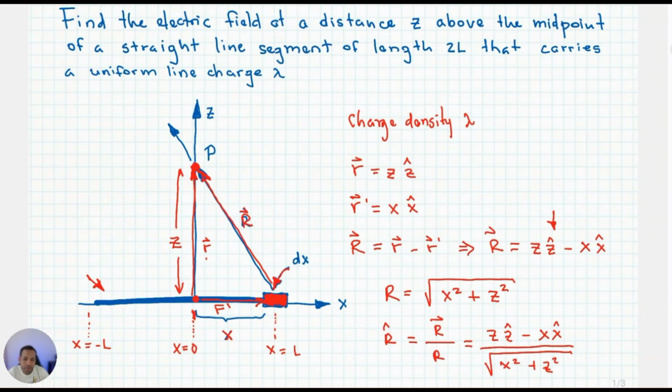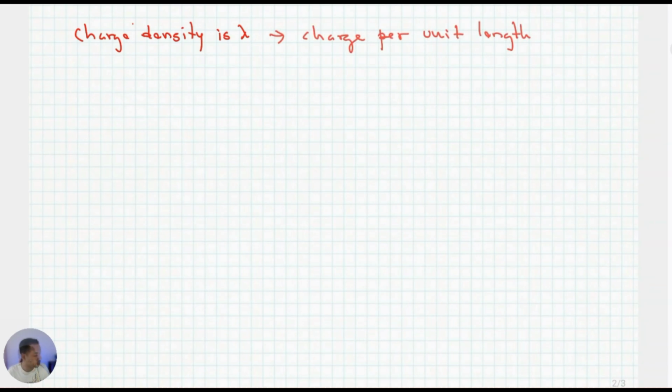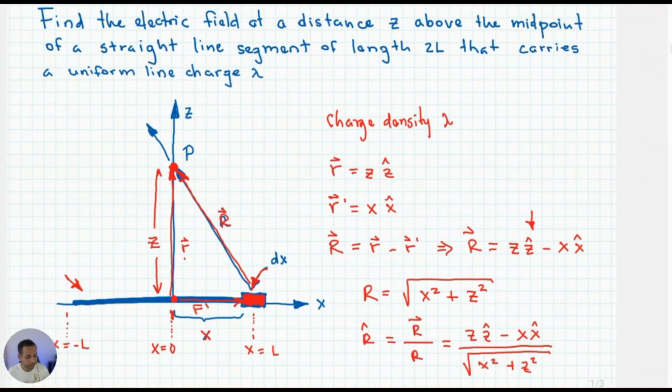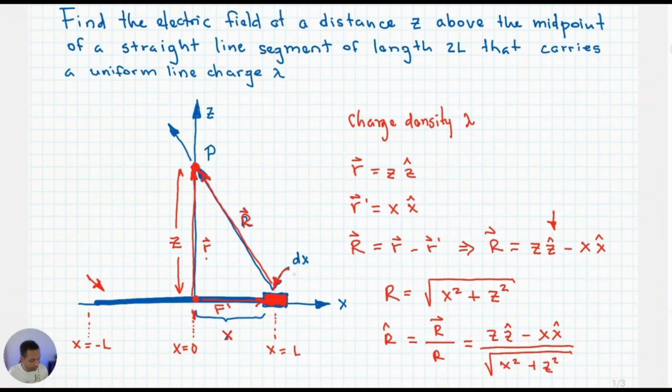Now we want to define the small charge element. We said that the charge density is lambda, the charge per unit length. In the illustration, we have the element dx right here.